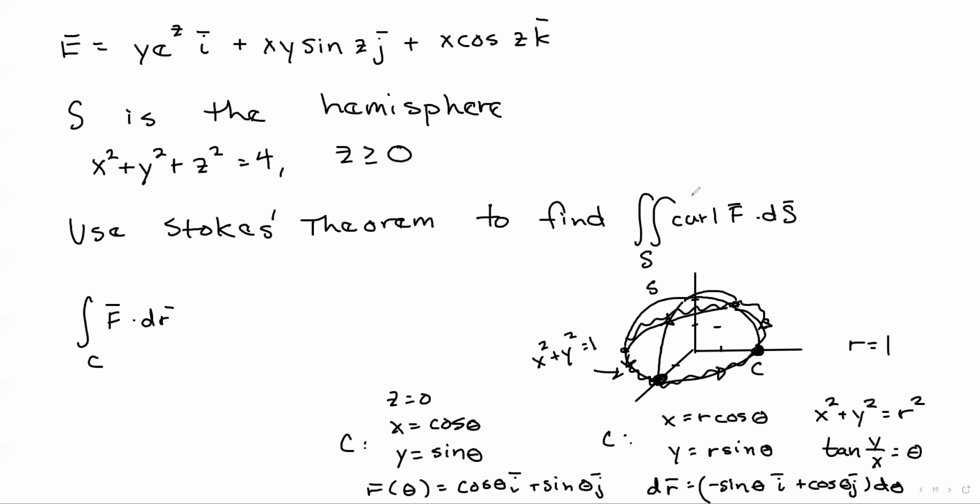Oh, okay. I think I see the mistake here, or a mistake. This was the circle of radius 2, not 1. We got 2 there. All right, so we're supposed to have 2 cosine theta, 2 sine theta, 2, 2, negative 2, plus 2.